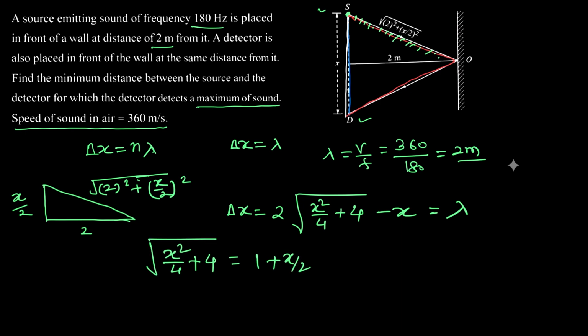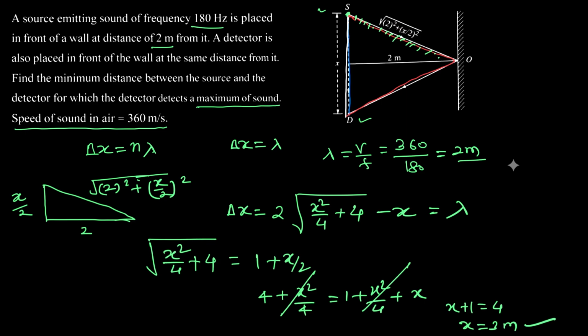If I square both sides, I'll get 4 plus X square by 4 is equal to 1 plus X square by 4 plus X. Now X square by 4 cancels, so X plus 1 is equal to 4, which means X will be equal to 3 meters. So that distance should be 3 meters in order to reach maxima at that point.